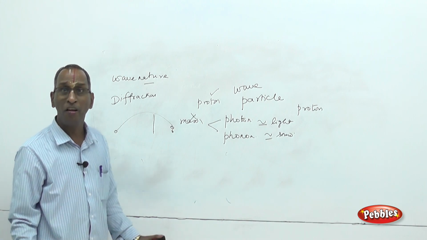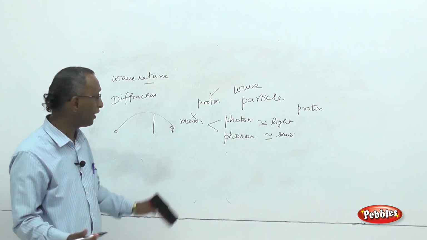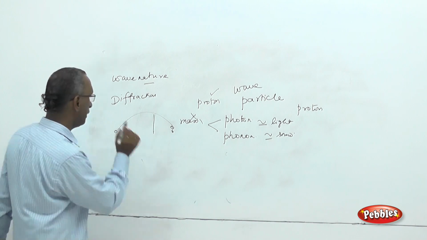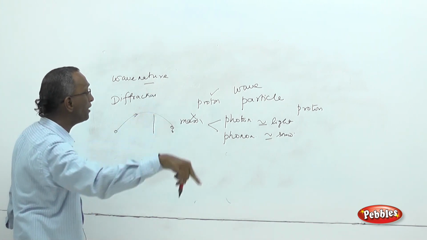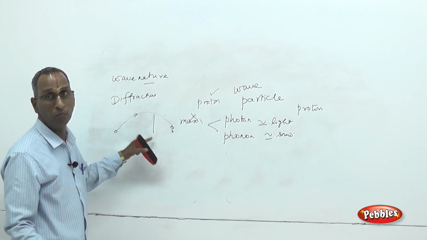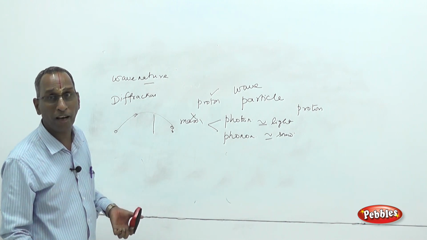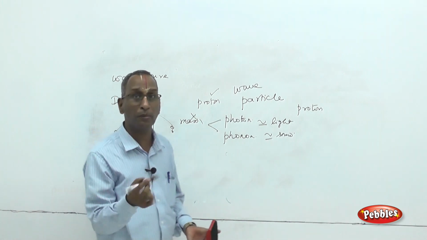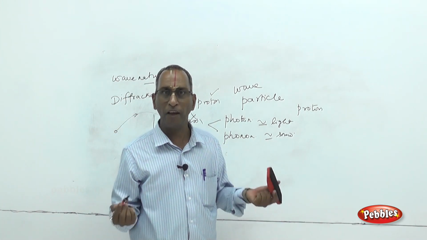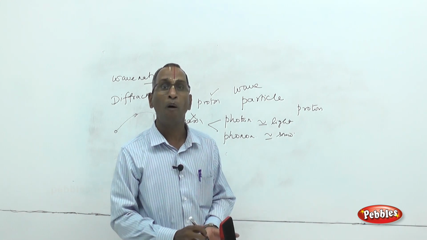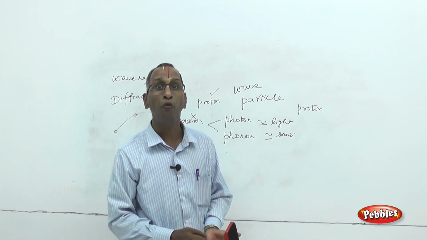The obstacle is a material which will not transmit light, but he could still see the light. It is possible only when light bends around the obstacle. This bending phenomenon is called diffraction. Diffraction cannot be explained by rectilinear propagation of light. It is possible only if light travels in the form of waves.